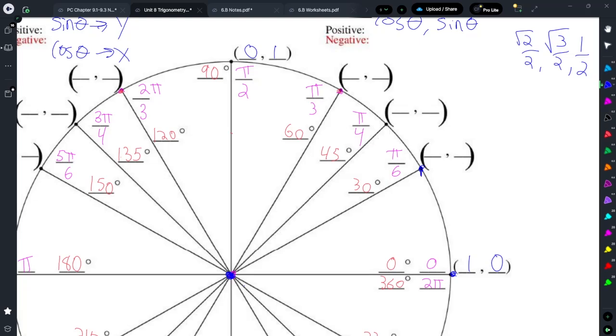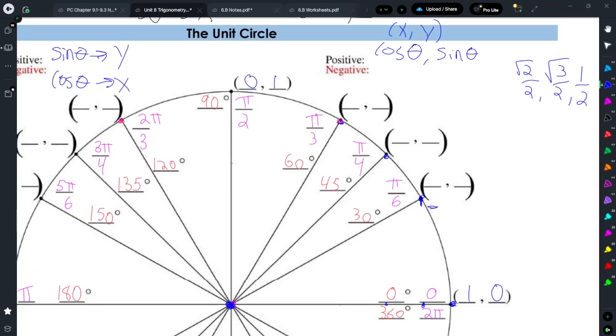This x value, if we translate it down, should be bigger than this x value, which should be bigger than this x value. So this has to have the biggest x value of these three numbers. Well, the square root of 3 is bigger than the square root of 2, which is bigger than 1. So this has got to be square root of 3 over 2. The next biggest one is the square root of 2 over 2. And then 1/2 is the smallest of all of them.